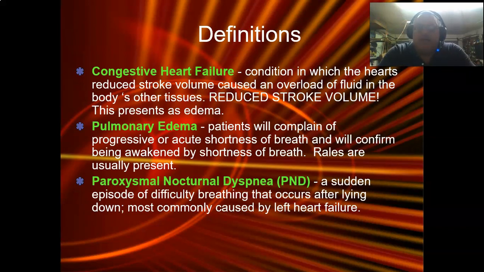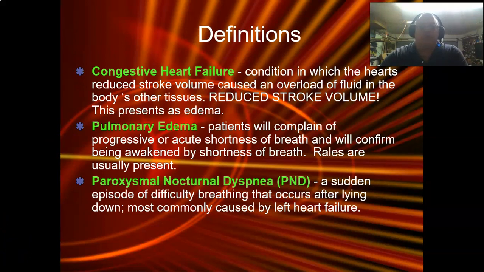Pulmonary edema is when the patient complains of progressively acute shortness of breath, and they may report being awakened by the shortness of breath. More importantly, rales are usually present with pulmonary edema, whether fine crackles when sitting up or a very severe crackle at the base.